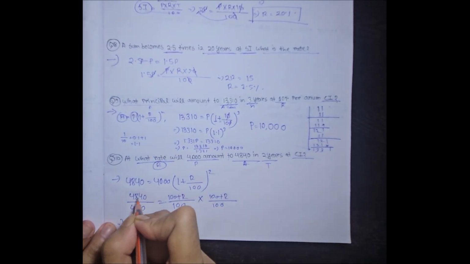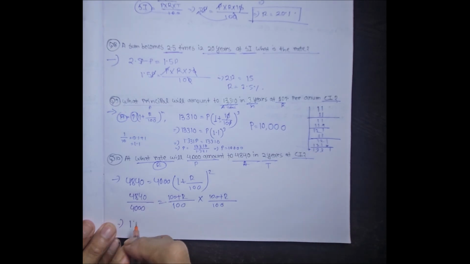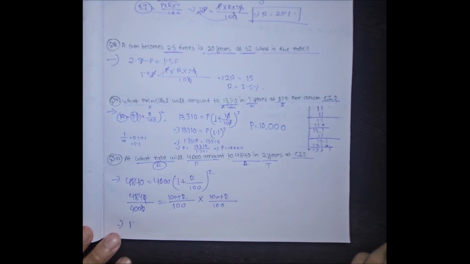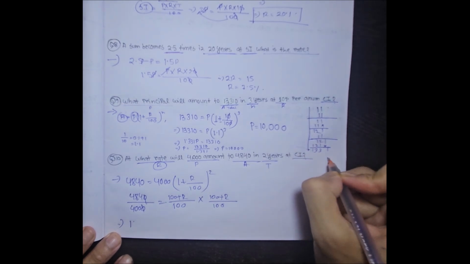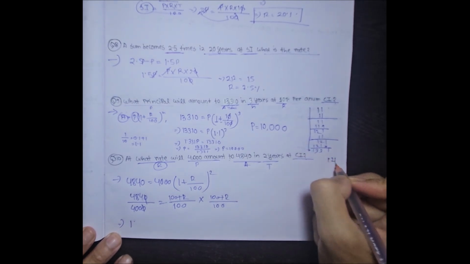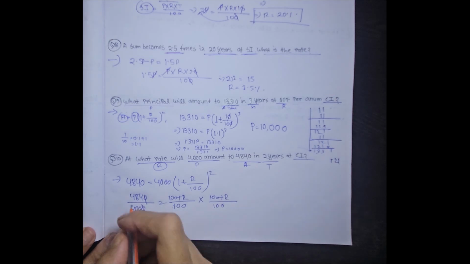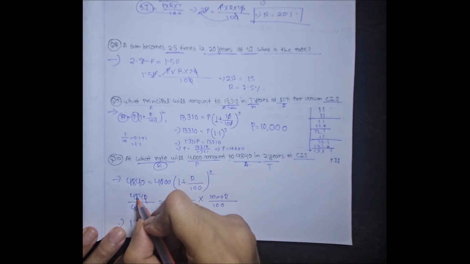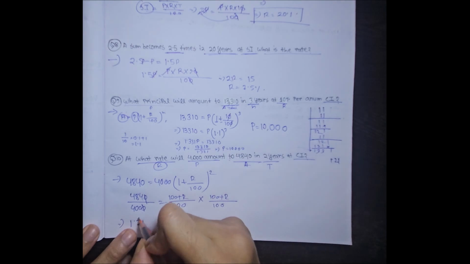So 4840 by 4000 cancels to 484 by 400, which comes to 1.21. If you didn't get how I calculated, 10% of 400 is 40, so it goes 1 time; then 10% of 400 is 40, so it goes 2 times, that is 80, 480; then 4 goes in as 1%, 0.01.